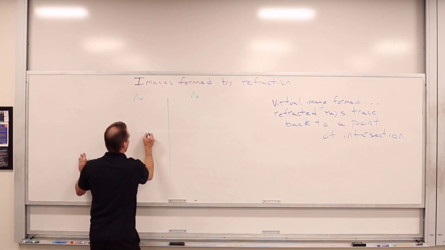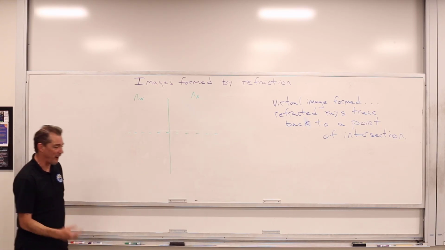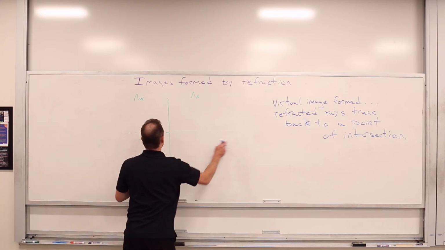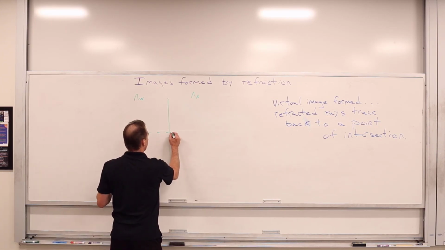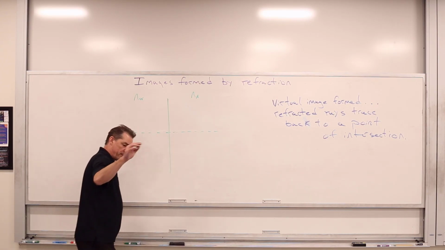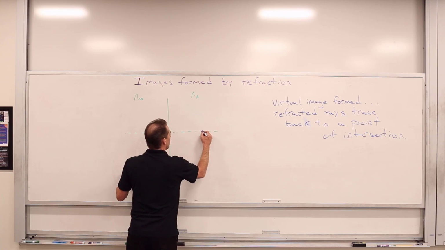And throw in a nice little principal axis here. That's again for helping align us. And we'll take an object that is initially in the air. Okay, we've got an object right there.